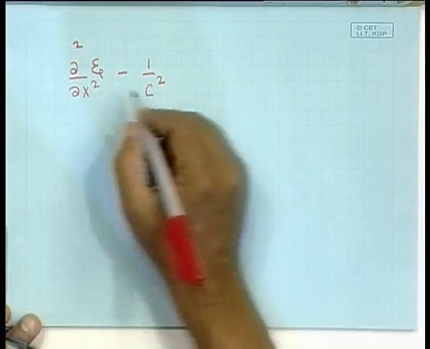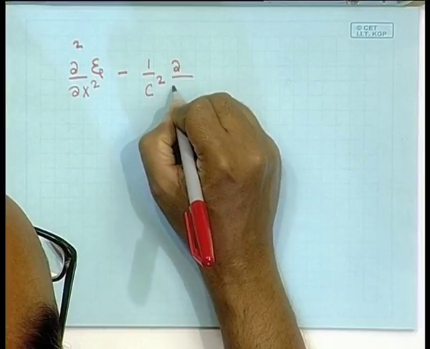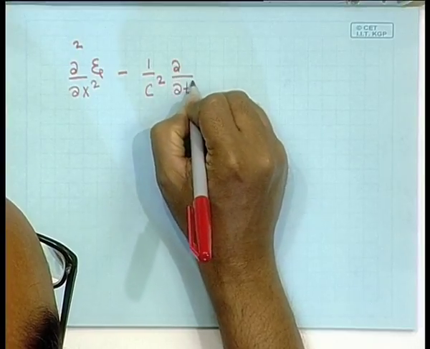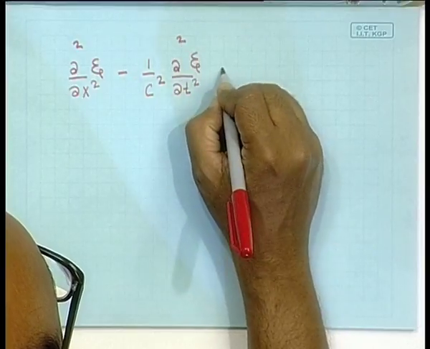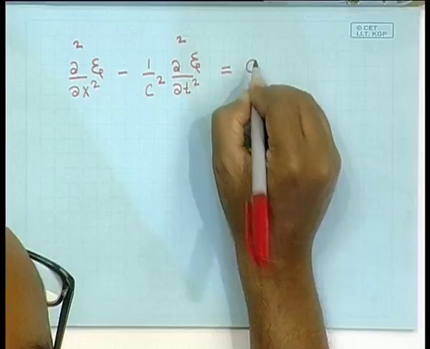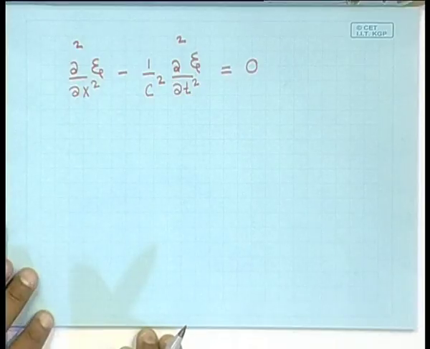So the wave equation is this, minus 1 by c square del squared by del t squared of xi, equal to 0. Xi is a function of x and t, and we are looking for solutions to this equation.